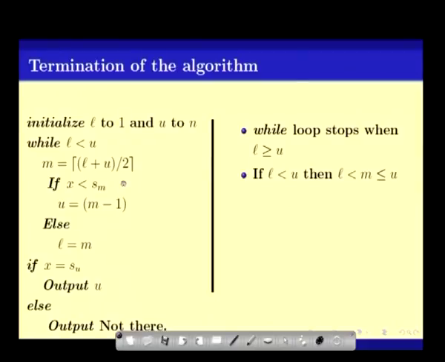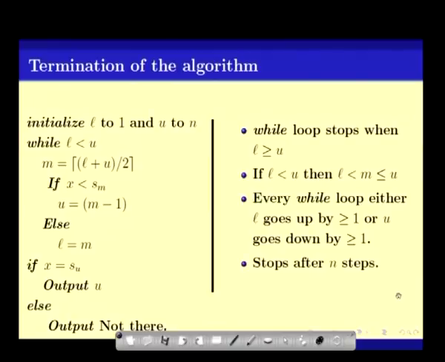Thus, at any point of time, either L becomes m plus 1, thus we will make progress, L will go up by 1, or U becomes m minus 1, U will come down by 1. So, either L goes up by 1 or U comes down by 1, and thus it will stop after at most n steps.